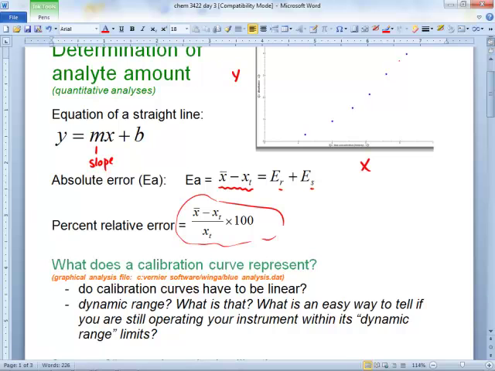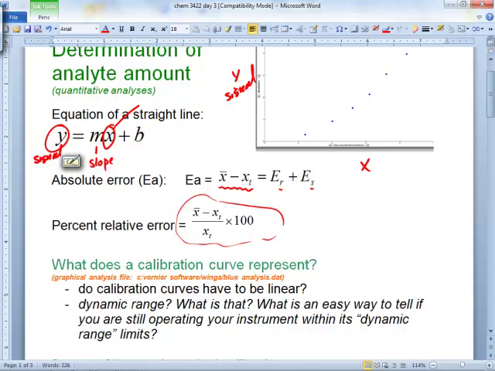Otherwise, we can't even use this equation, right? Because the big goal here is y is your signal, right? X is your, in a calibration curve, what would be the X? Not time.